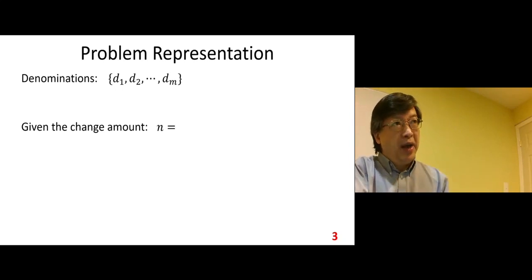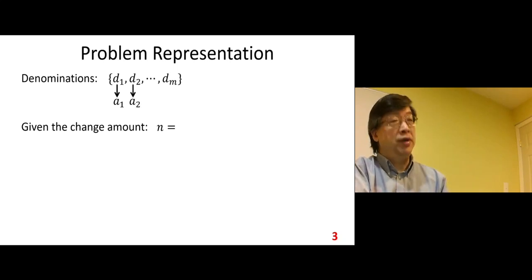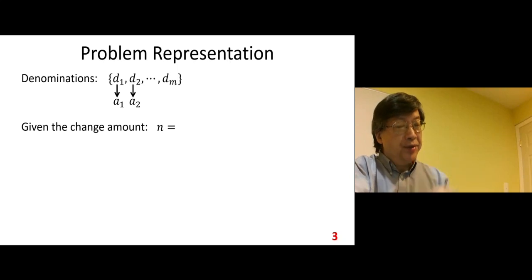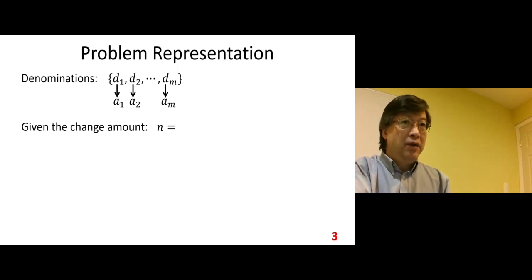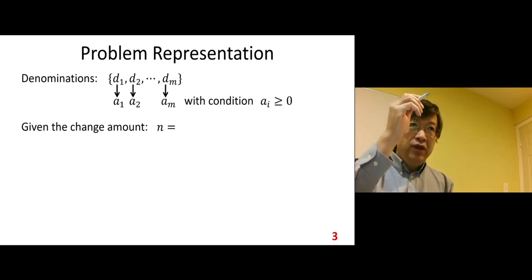For D1, how many D1s do we want to choose? Here we use a variable A1. For D2, how many D2 coins should we choose? We use A2, and so on. For Dm, Am.